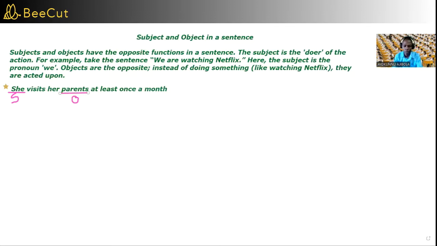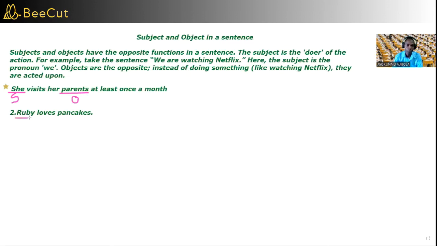The example 2 that I'm going to bring out here says, Ruby loves pancakes. The person that performed the action of loving something is the subject, like we said.